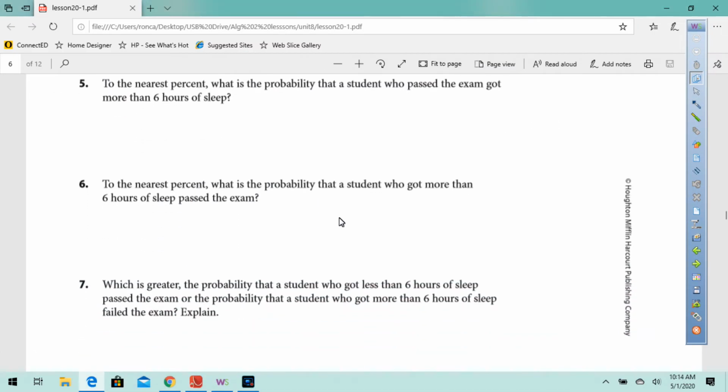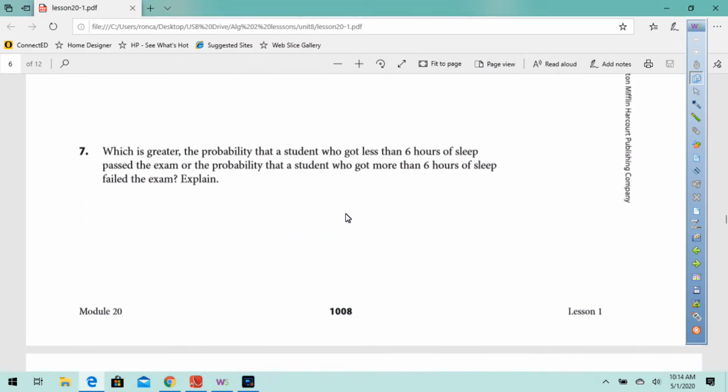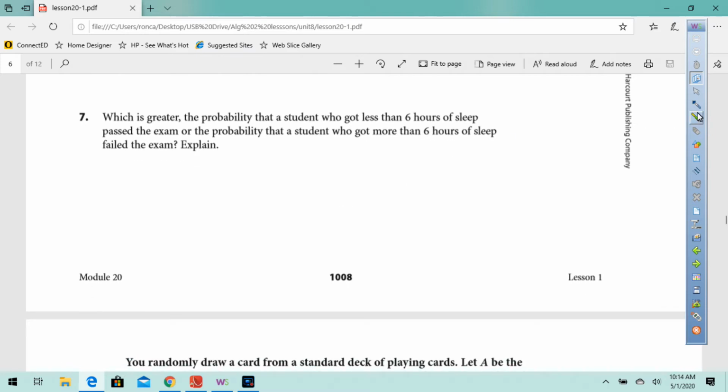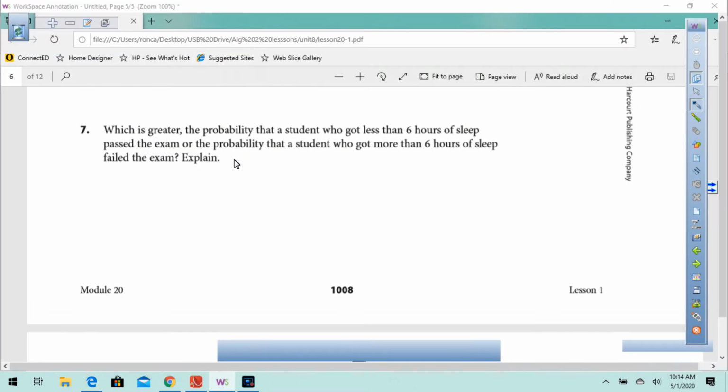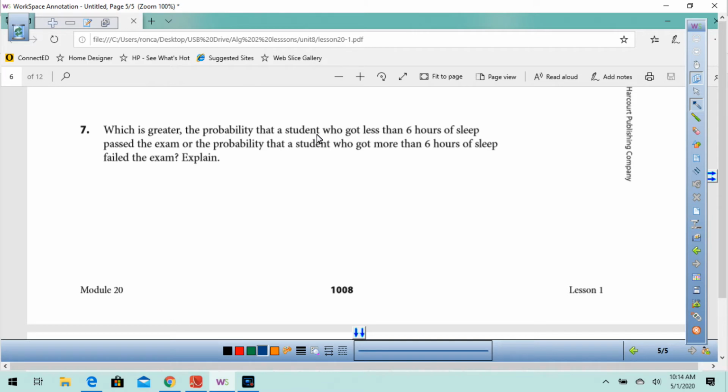All right, number 7. Which is greater? The probability that a student who got less than 6 hours of sleep passed the exam, or the probability that a student who got more than 6 hours of sleep failed the exam?